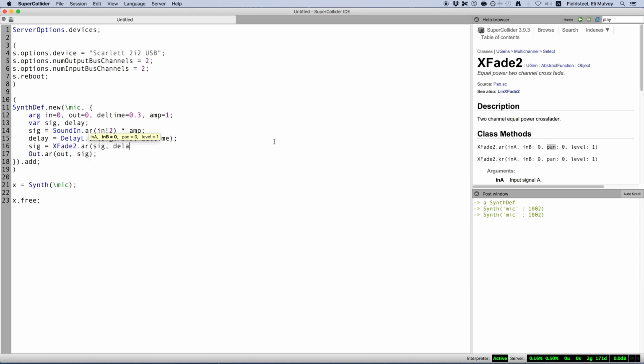Personally, I think the term mix makes more sense because when this value is -1, we hear only the first input. When it's +1, we hear only the second input, and with a value of 0, we hear a mix of both signals equally. I'm going to initialize this mix value to -0.5 so that we hear the delay just a little bit less than the original sound.